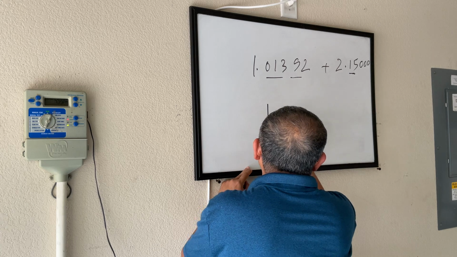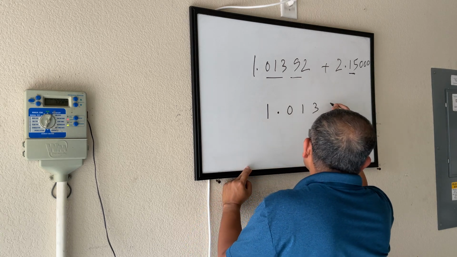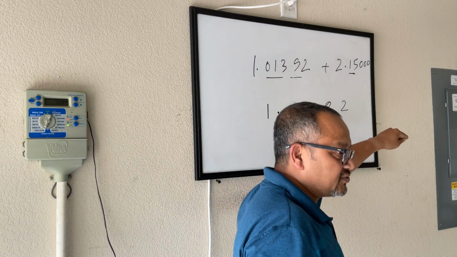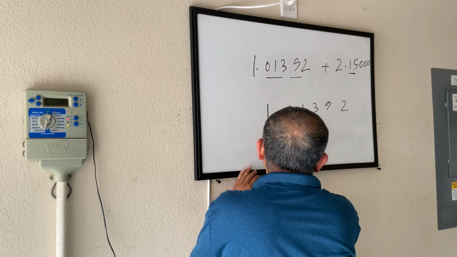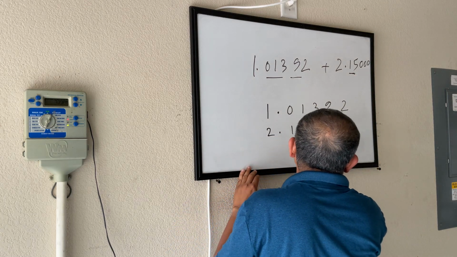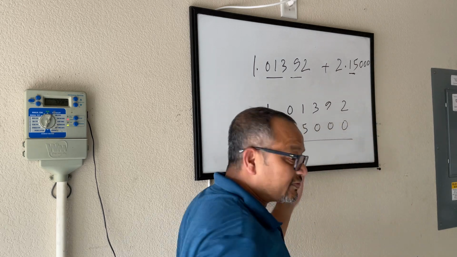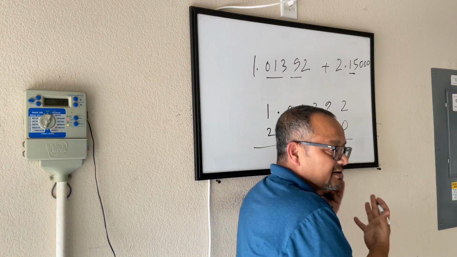Let's write it in a very clean way, meaning you have enough space between the numbers so that we don't get confused. And then this one is 2.1500. See? It looks very familiar, very nice, very friendly.